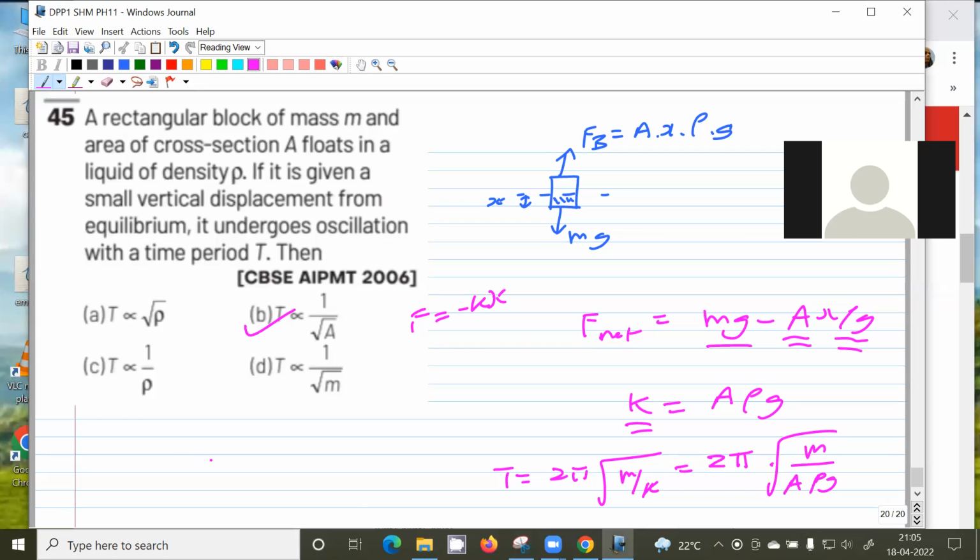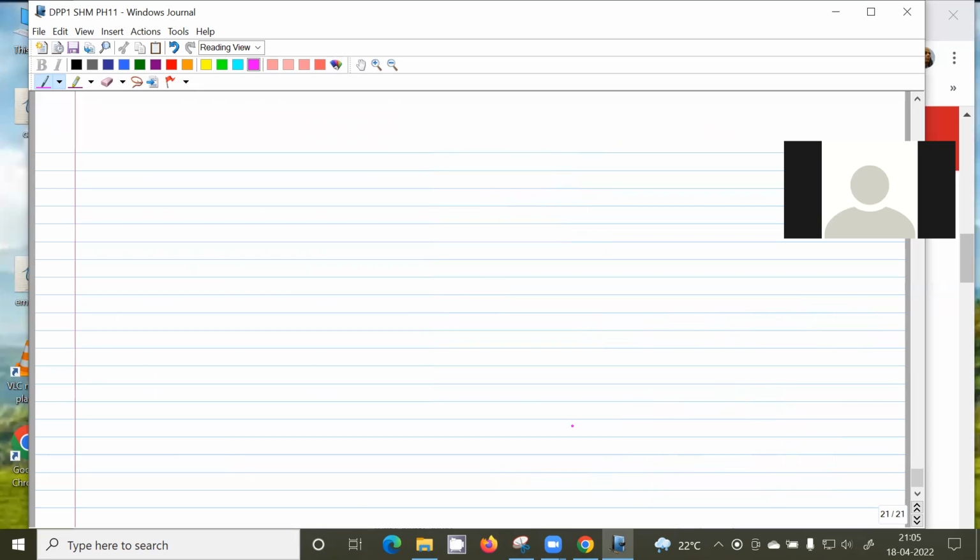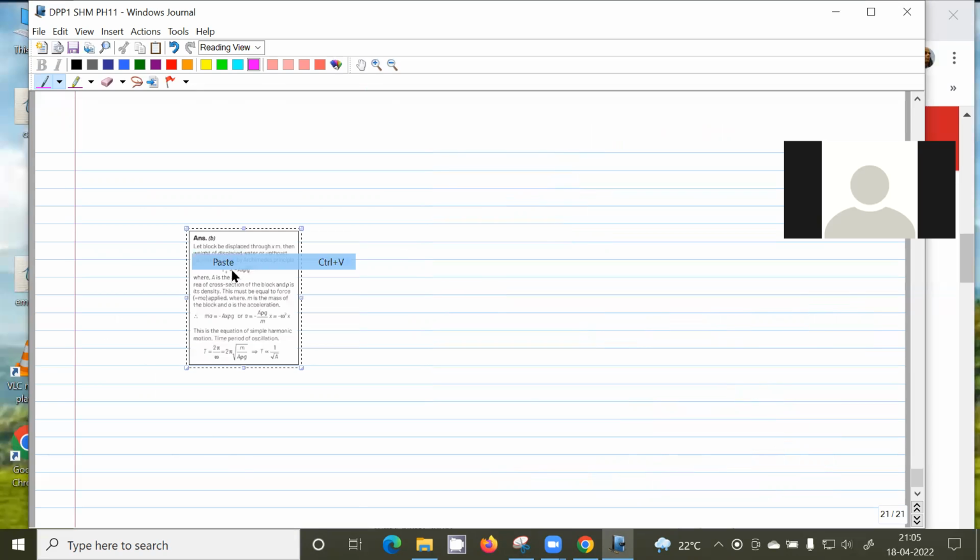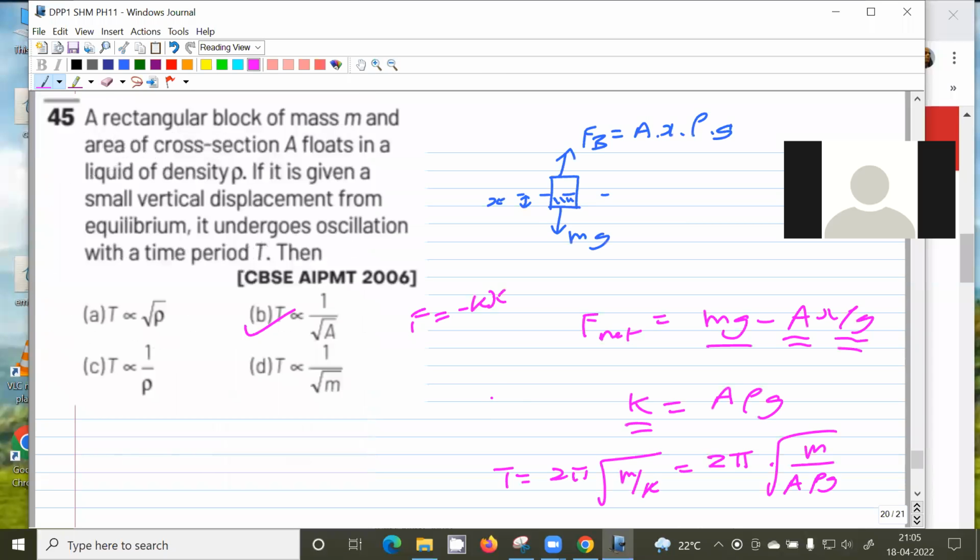So for that volume, we have to take the volume of the liquid only, no, sir? Buoyancy force is the weight of the volume displaced, no? The weight of the liquid displaced corresponds to this volume, which is submerged.